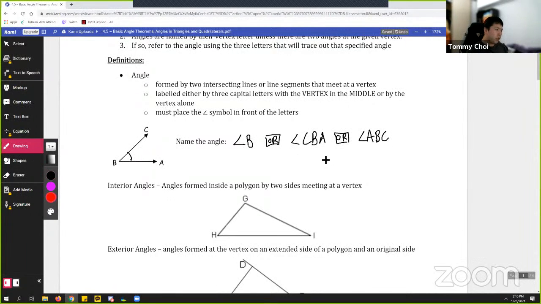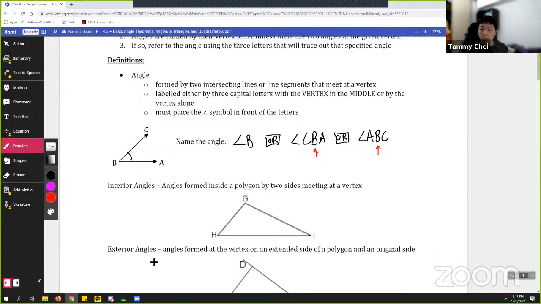What really matters is that the corner, the vertex you're talking about, is the capital letter in the middle. So that's what you want to make sure when you notate your angles. You either use the angle itself, or if you have to use the other reference points, make sure that the vertex of the angle you're talking about is the one in the middle. That's important here. Okay.